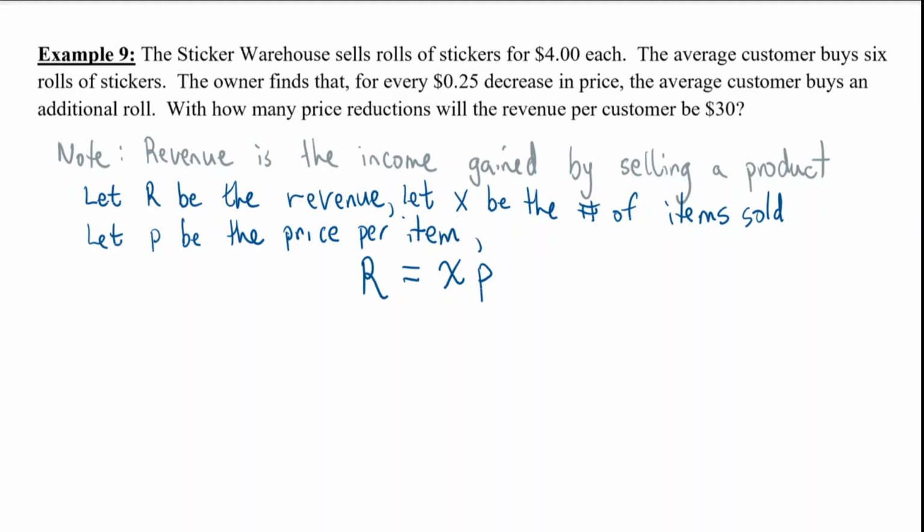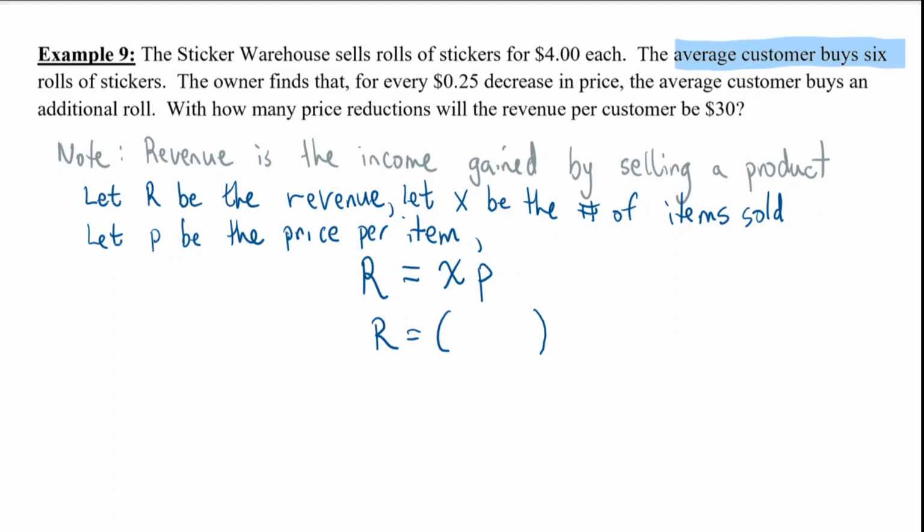So we need to look at what this question is telling us here. My revenue is going to be determined by how many things I'm selling. And how many do we sell originally? An average customer buys 6. So let's just highlight that. The average customer buys 6 rolls of stickers.